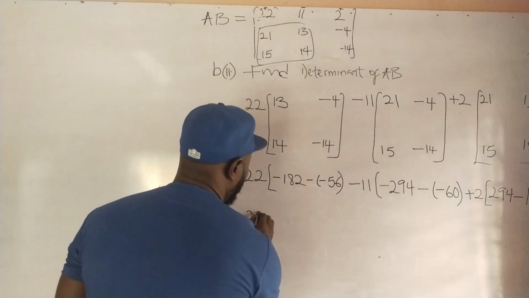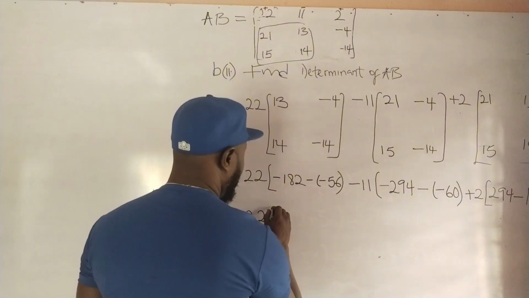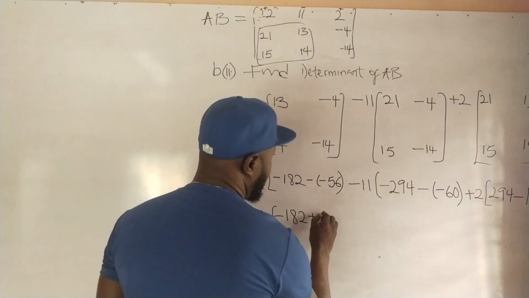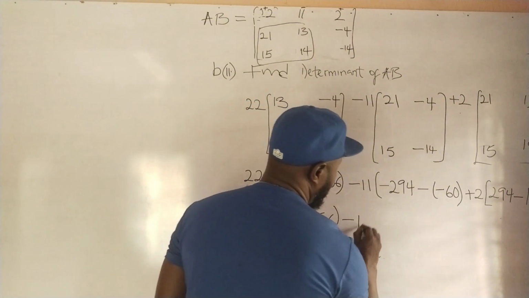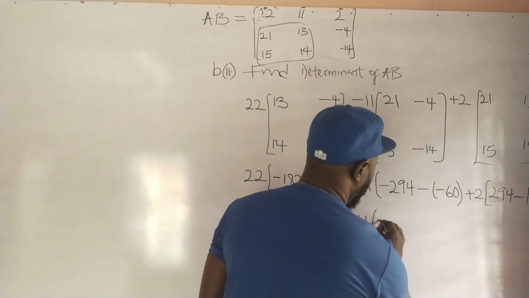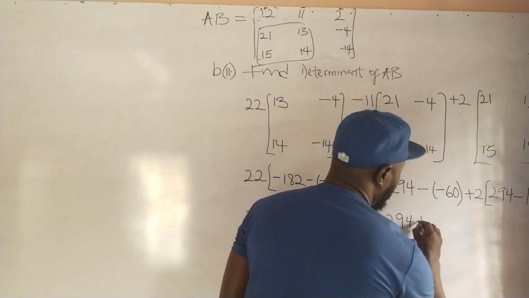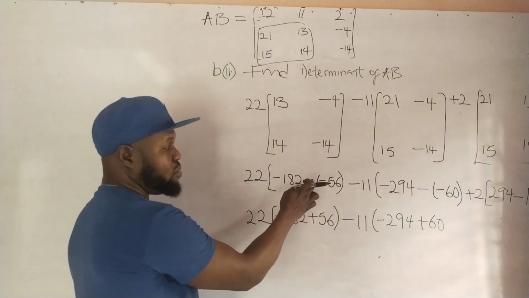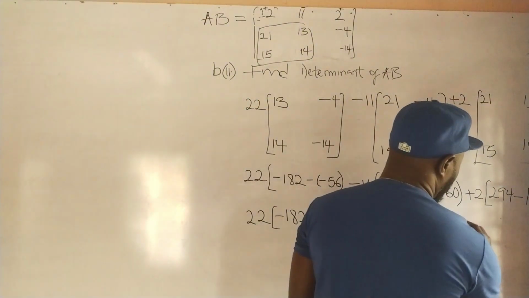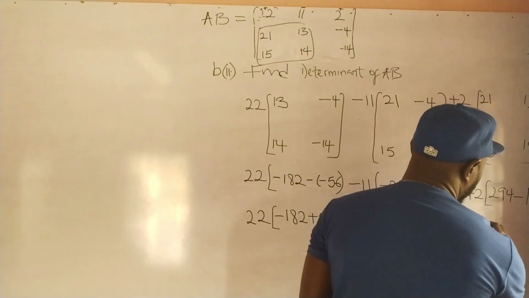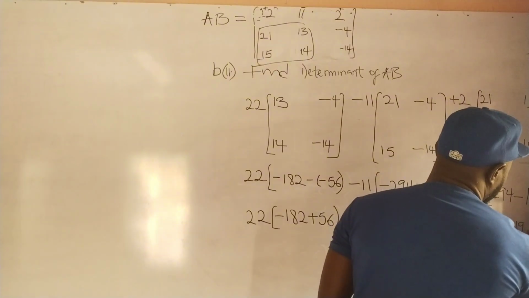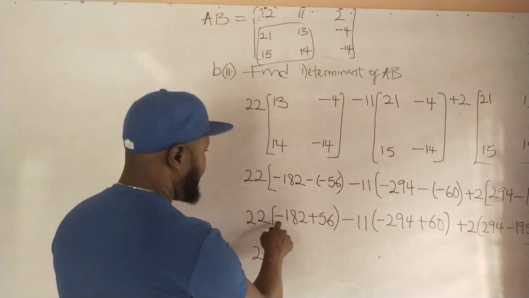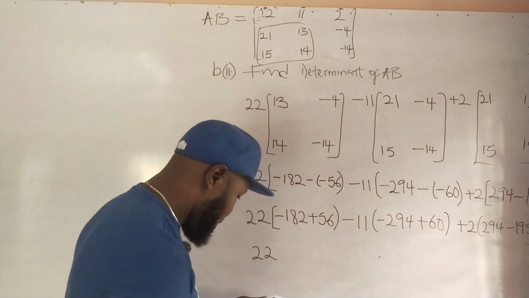Now we will now say 22 into brackets minus 182 plus 56 minus 11 minus 294 plus 60. How do you get this plus? Minus times minus plus. The same thing is applicable to this place too. Minus times minus plus. So plus 2, 294 minus 195. Is that understood? So 22 now. Minus 182 plus 56.